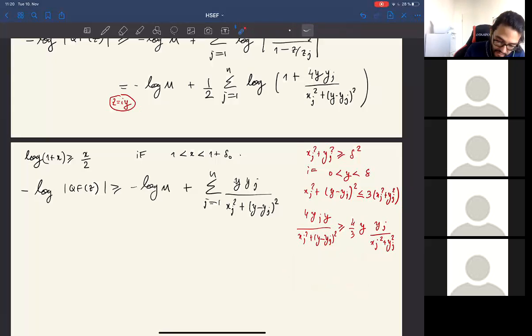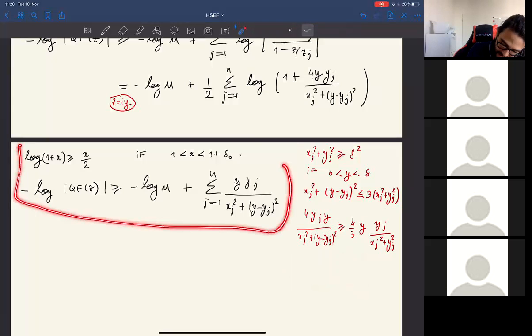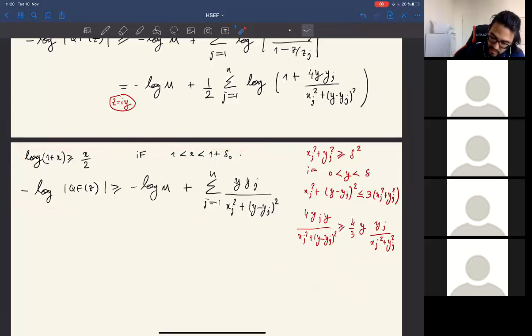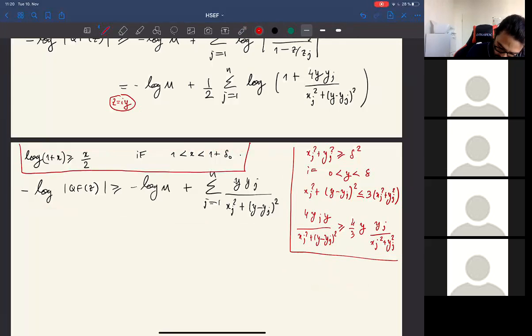And then now you can do this whole bit here. So we're going to use this. So maybe I should put it like this.